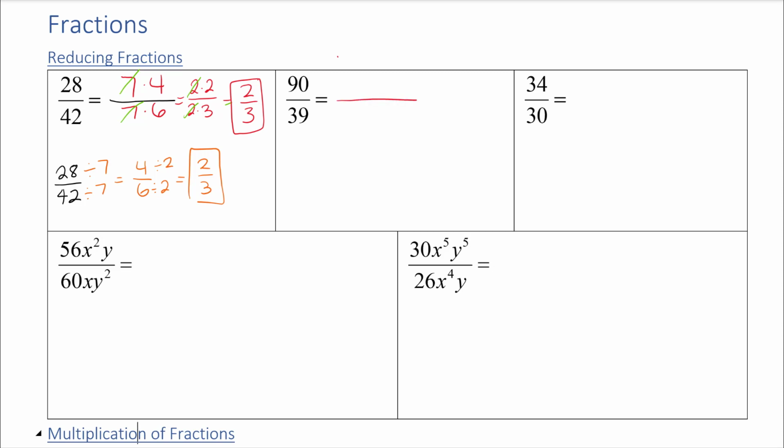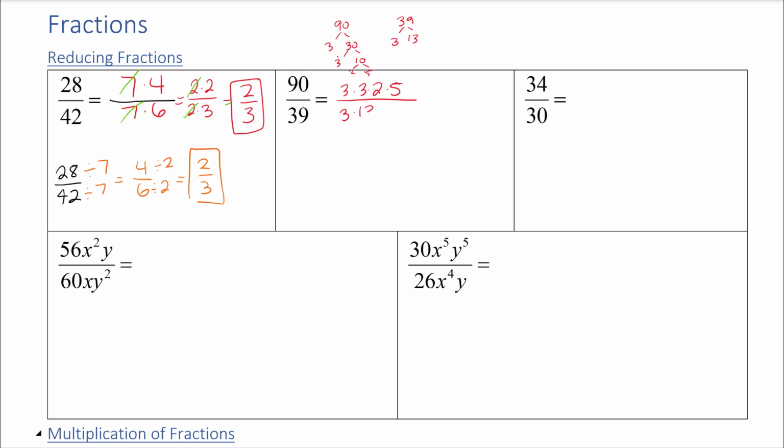Okay, so on the next one, 90 over 39. 90, if you're going to write it out as prime factors, can be broken down to 3 times 30, 3 can be 3 and 10 can go again into 2 and 5. So if I wanted to break it all the way down, I could do 3 times 3 times 2 times 5, and the bottom 39 can be broken down into 3 times 13.